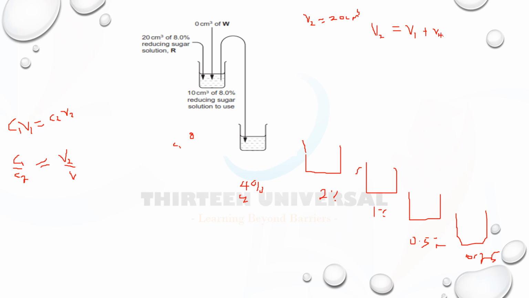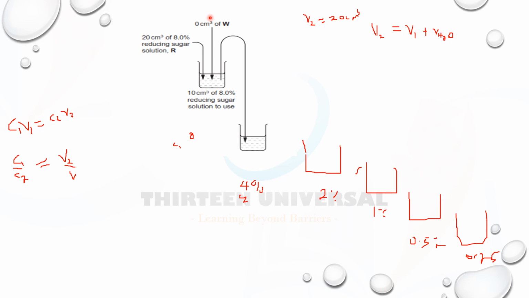So I add water to something, I've diluted it. From the beginning, they have given us V2. That is 20 plus 0, which is 20. So my V2 is already known, guys.